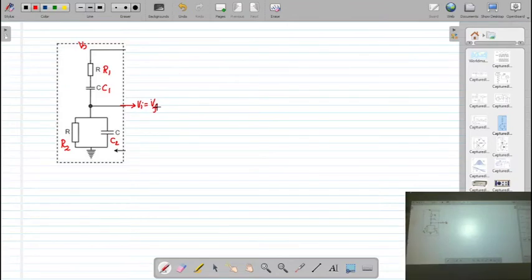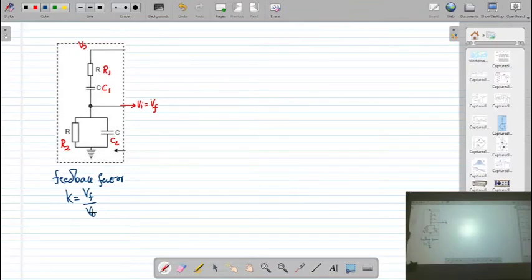So if I want to write the feedback factor, K is equal to, according to the definition, the feedback voltage divided by the output voltage. Correct? So, what is the feedback voltage?